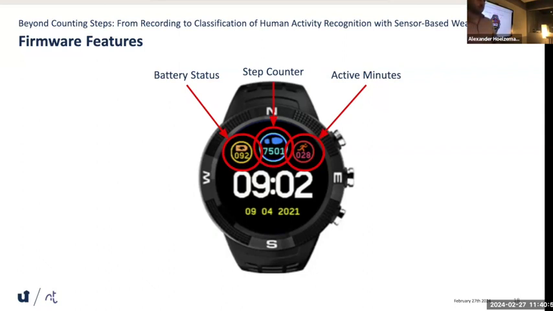The active minutes is a concept that comes from sports science, and we implemented this feature using the heart rate sensor as well as the accelerometer sensor. We implemented a threshold, and whenever the values rise above the accelerometer threshold or the heart rate threshold, this time has been counted as being active.